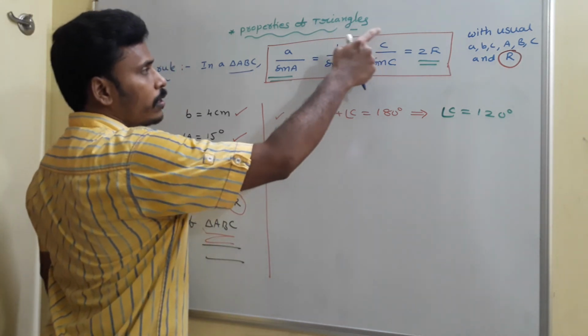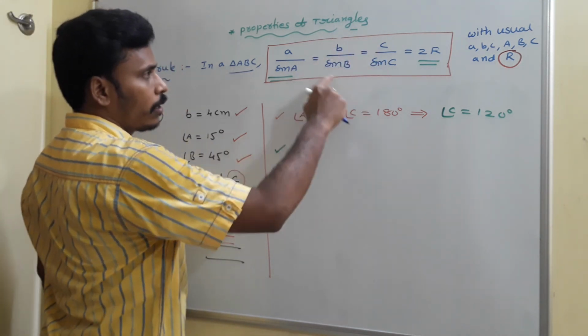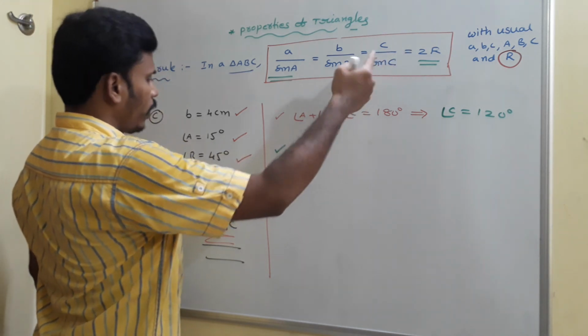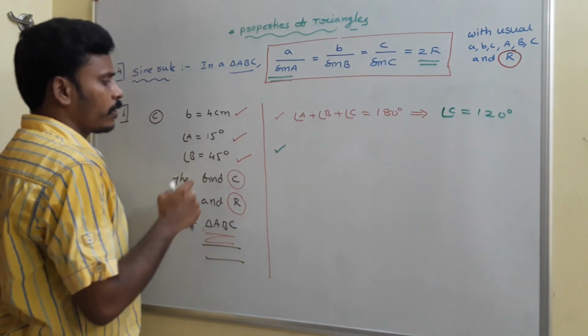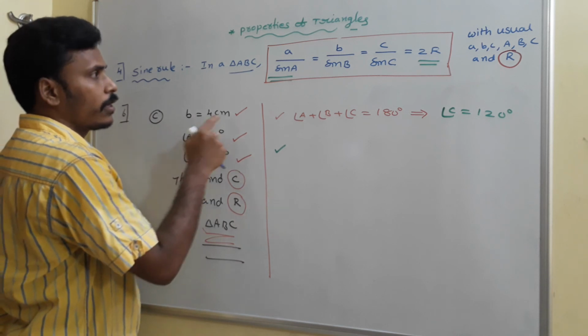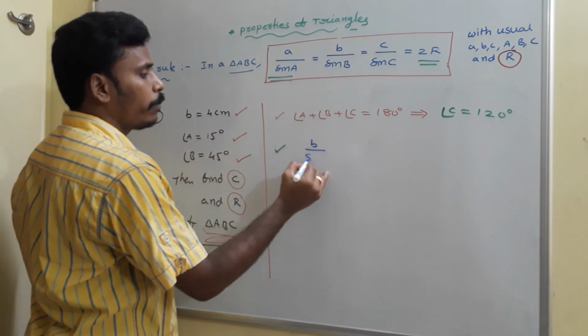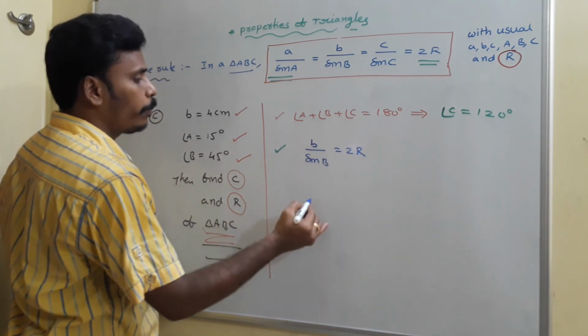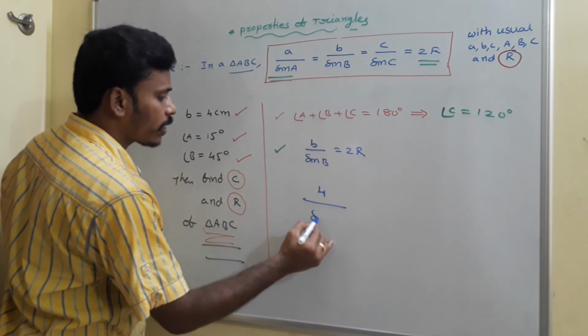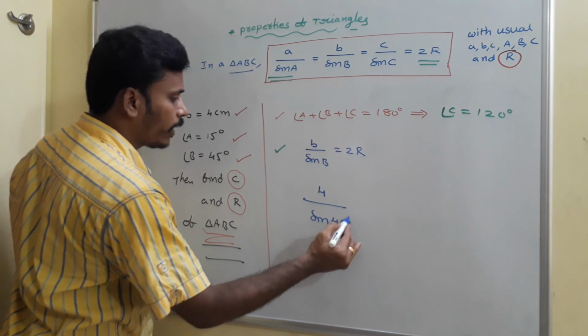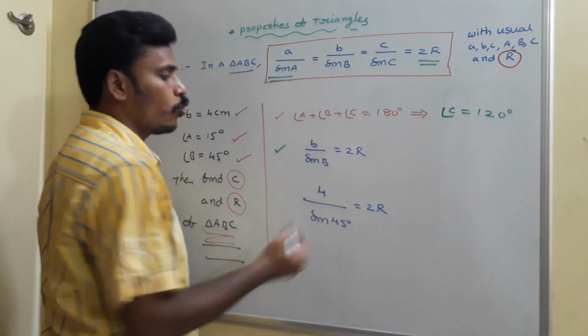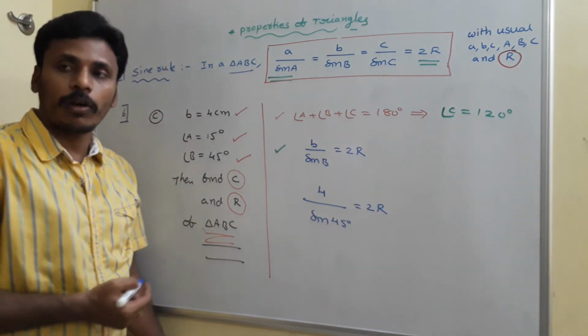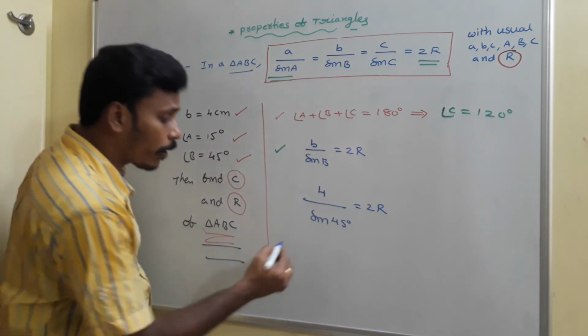So to find small c, I just utilize this part. First find the circumradius. From the sine rule, it is very clear that b by sin B is equal to 2R, and b is given as 4, and sin B is sin 45 degrees, and that is equal to 2R. So what is the value of sin 45? You know that sin 45 is 1 by root 2.